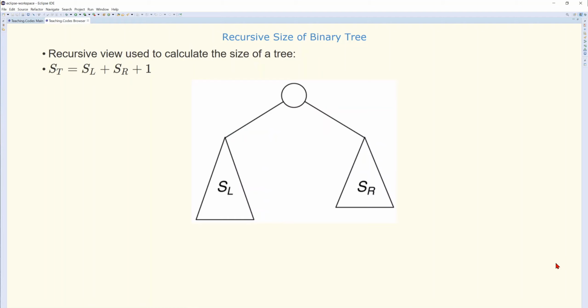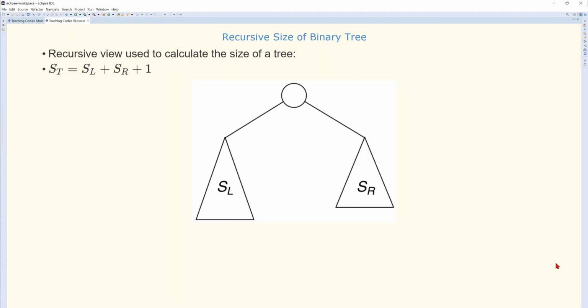So first look at the size of a binary tree. A binary tree is composed of actually a root node and its left subtree and the right subtree. So if you can find the size of the left subtree and the size of the right subtree, then the size of the whole tree would be the sum of the sizes of the left and right subtrees plus 1 for the root node.